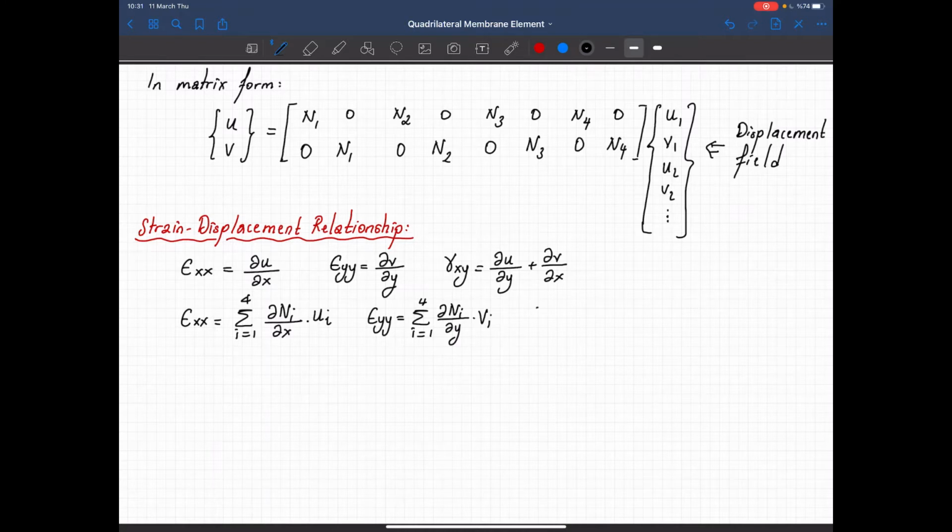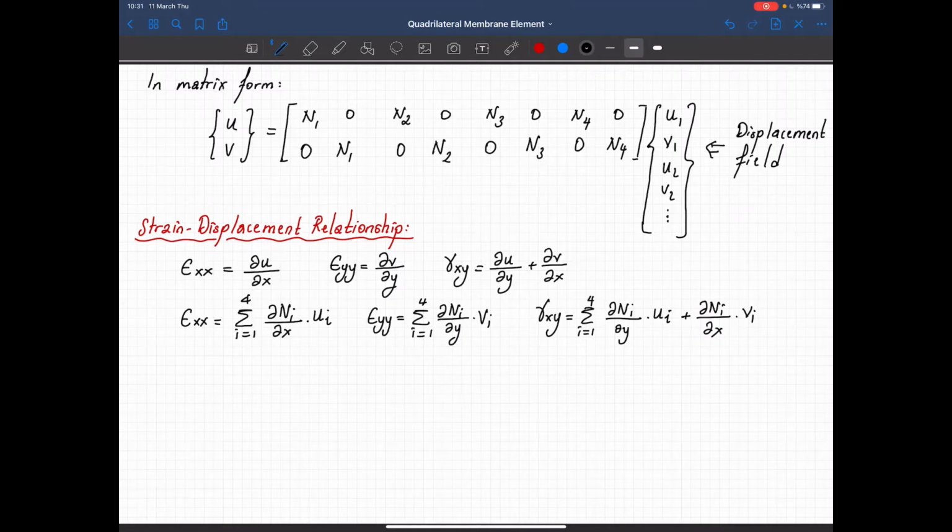And finally, the shear strain is equal to the sum for i equal to 1 to 4 of del Ni over del y multiplied by ui plus del Ni over del x multiplied by vi.